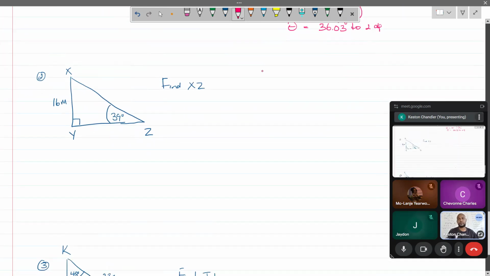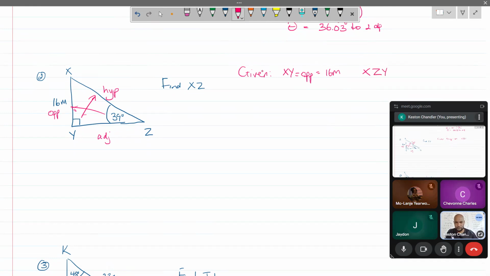Number 2, same process again. Label. State what you have. State what you must find. Right?